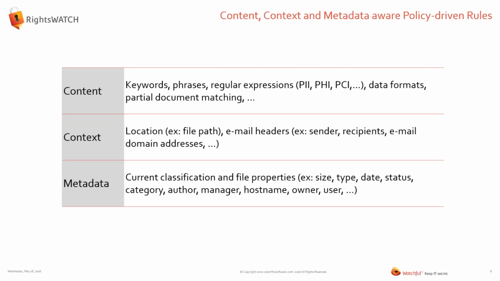So please keep in mind that all these classification criteria, content, context, and metadata are not mutually exclusive. So your organization can set up policy rules based on several criteria at the same time. So they can be mixed and matched.